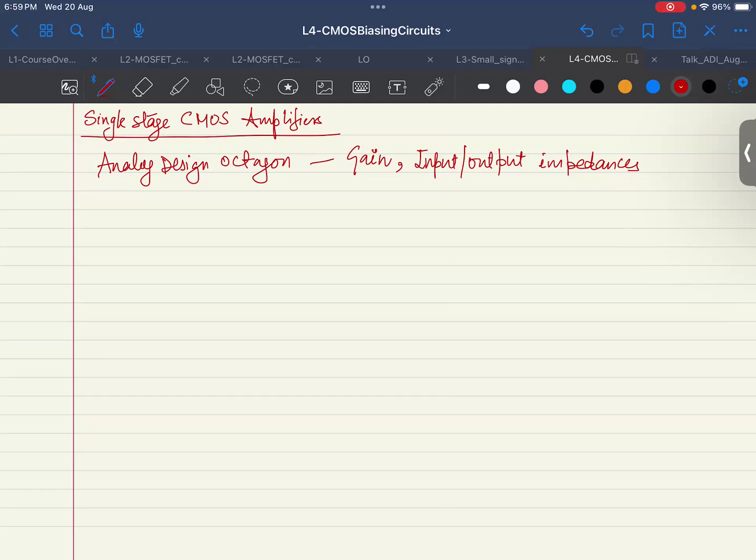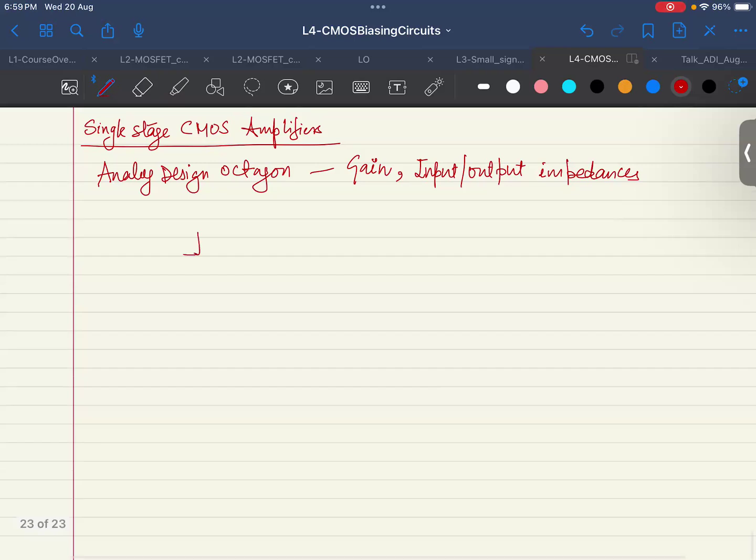And the configuration we are looking at has a gate, drain, and source, and there can be multiple configurations for this. The one which we have talked about quite a bit is this configuration where the source is grounded, and you're applying an input to the gate and taking the output at the drain.